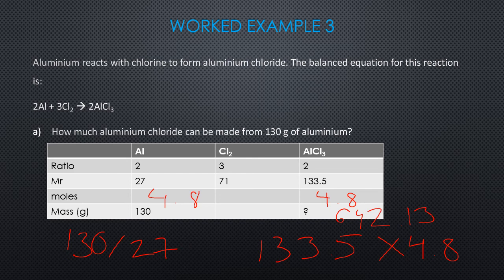If you are not quite sure how this is all worked out, pause the video and have a go yourself. Play around with the numbers. Just remember, your key is this equation. And girls, when you're attempting the questions, just always put down what you already know, and I advise you to use this table.